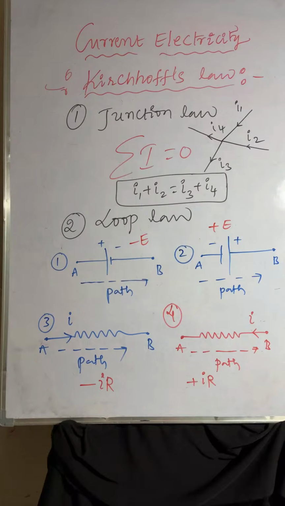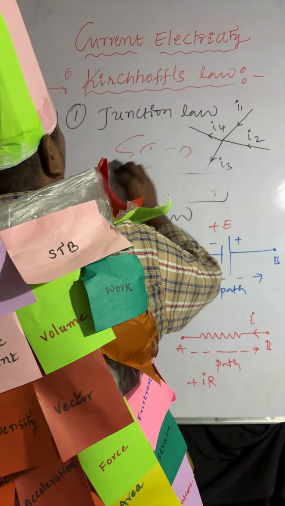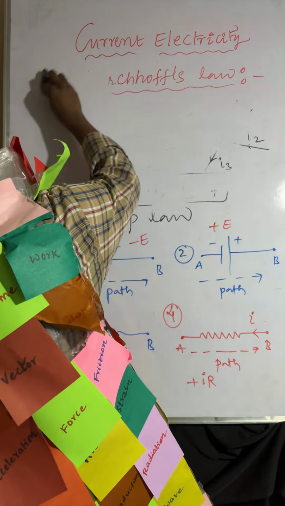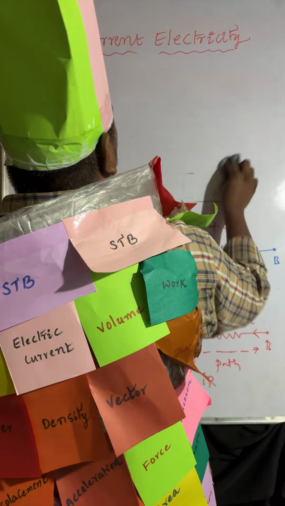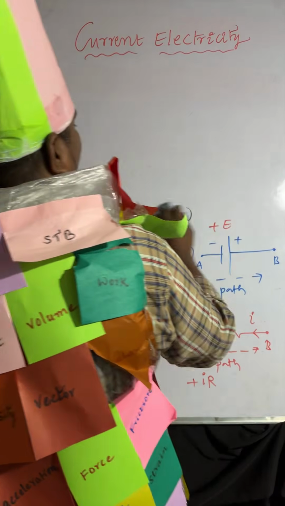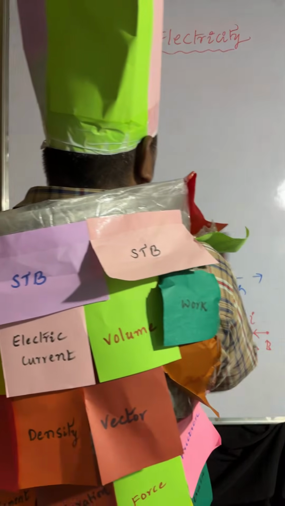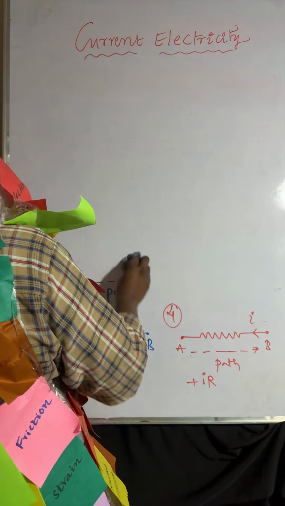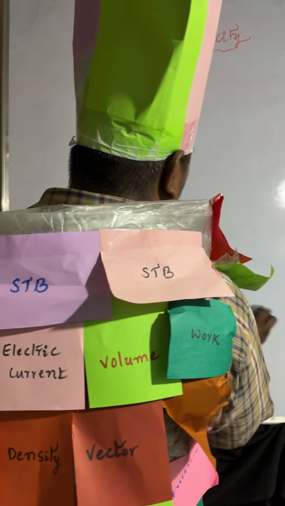Next, we'll discuss internal resistance and heating effects of electric current. Internal resistance is nothing but the resistance an electron experiences when it is moving in a conductor, in the cell.